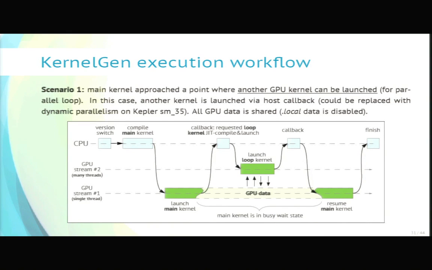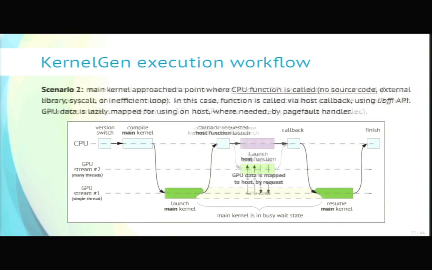And in case it is, compile it for GPU and launch it in a parallel GPU stream. So once this compute kernel is finished, we do another callback and resume the execution of the main kernel. In this case, the data is seamlessly shared here.